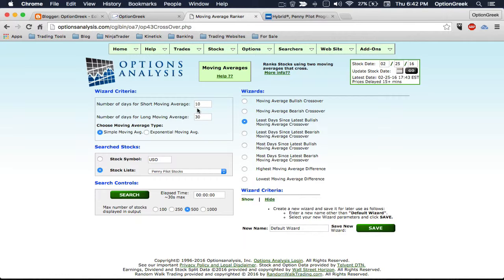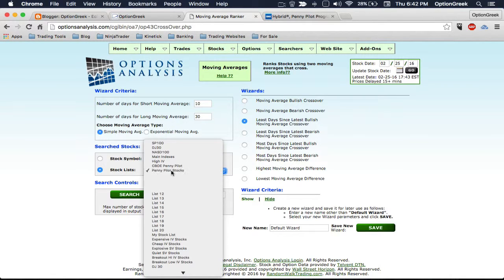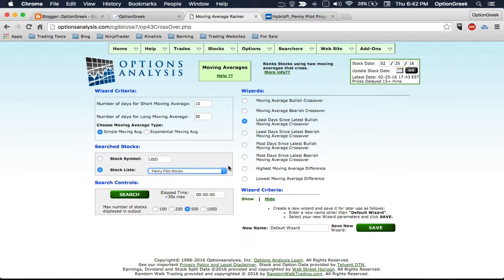The two that I like to use are the 10 and the 30-day moving average. That's a good time frame where it's not too short but not too long in order to see a change. I'm going to choose simple here. I'm going to be using my Penny Pilot stocks list, which I created in a previous video.